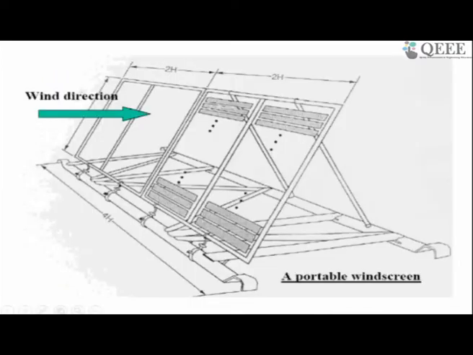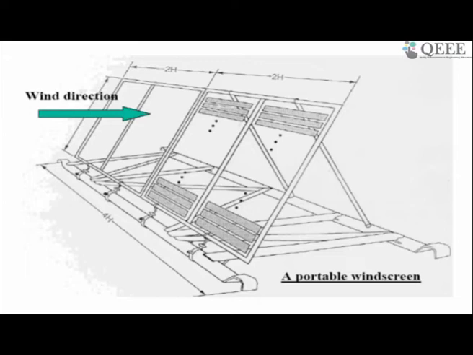Okay, the windscreen which I mentioned in yesterday's session, you can have a mobile or a fixed windscreen. Depending on the wind directions, you can try to operate it, and you can control the wind speed. So this will help you. Suppose you notice that some activity is happening, and you want to control the emissions moving from that activity and impacting the surrounding environment.